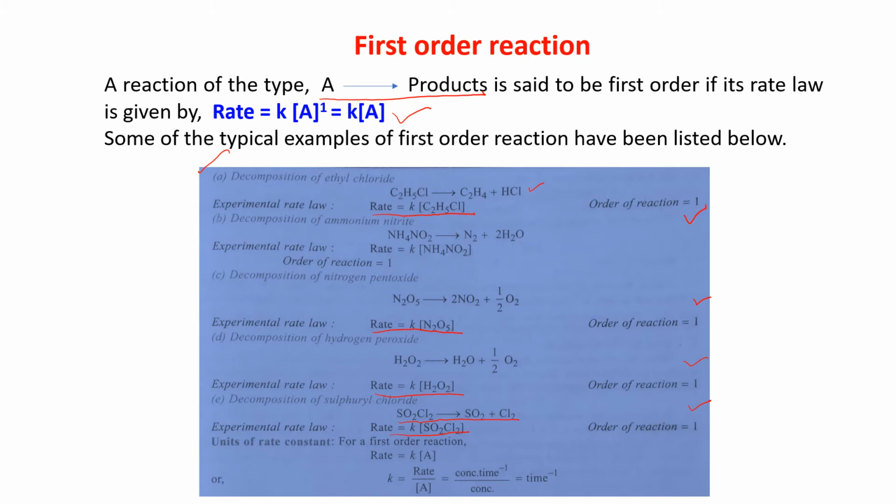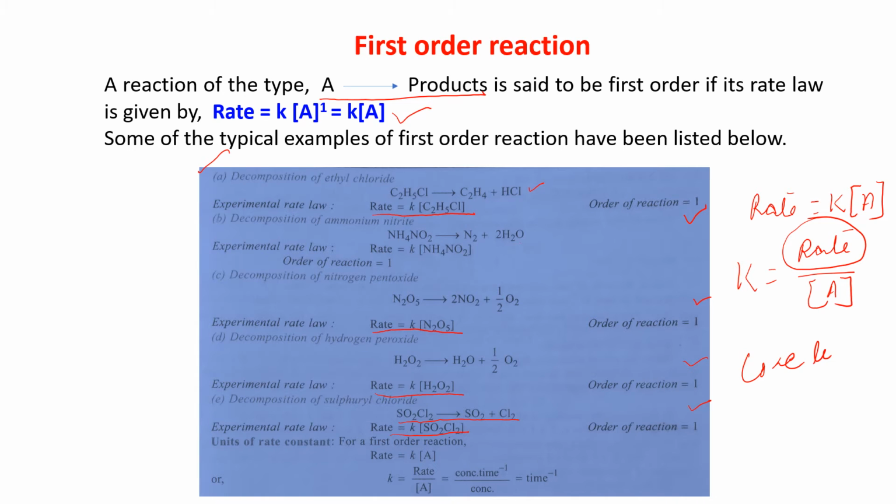Units of the rate constant for a first order reaction. Now how will we get it? Because we are getting that rate is equal to K times the concentration of A, from here K is equal to rate by the concentration of A. So the unit of rate is concentration time inverse divided by concentration.